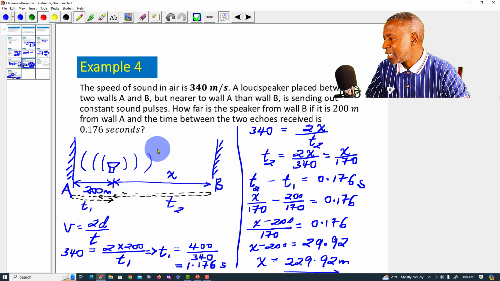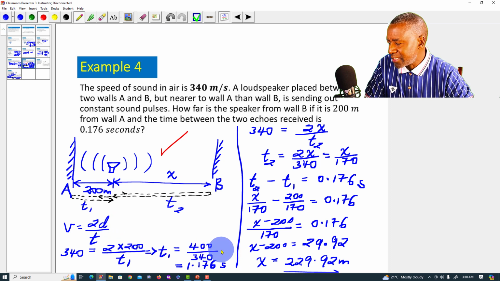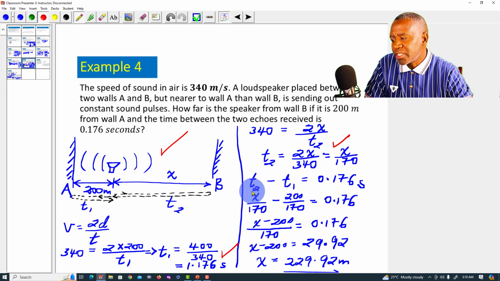A diagram like this one will help you to understand what is happening. The use of an equation until we get the first value of T1 there. The use of this equation until we get the second value of T2 here. And then we say T2 minus T1 is this value.